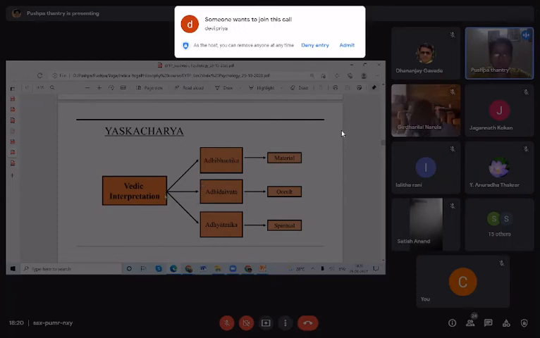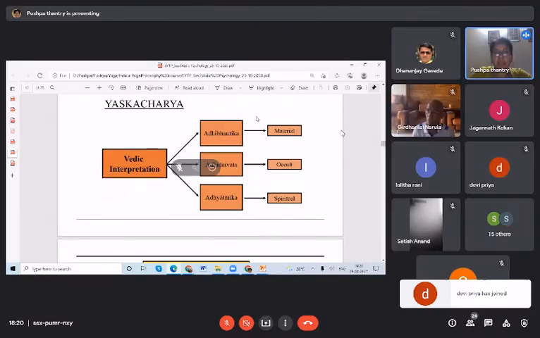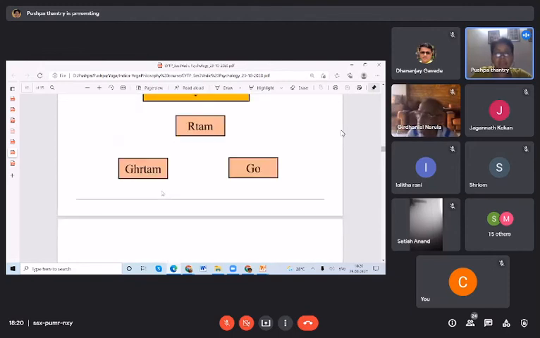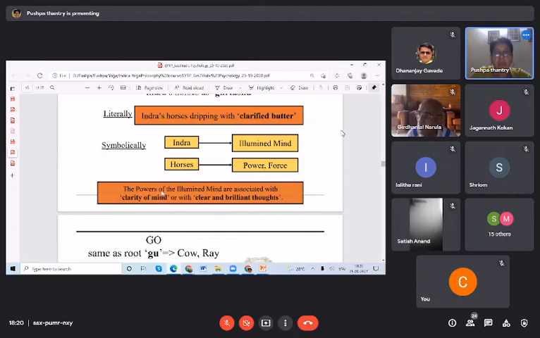I think this was very nicely explained in Srinivas Palluriji's lecture as well, so you may want to refer to that also. So the basic interpretation is around why suffering, what is the mechanism to get rid of this suffering, what is the path for the moksha. I'll skip all this because this may not be relevant for us.